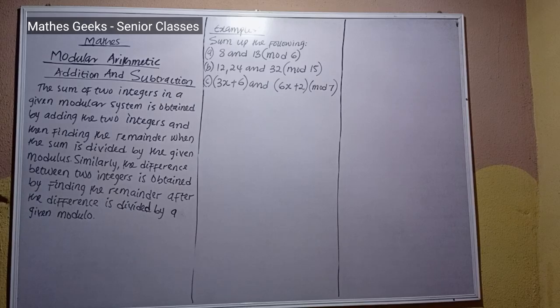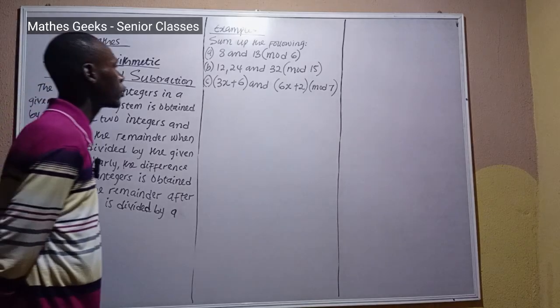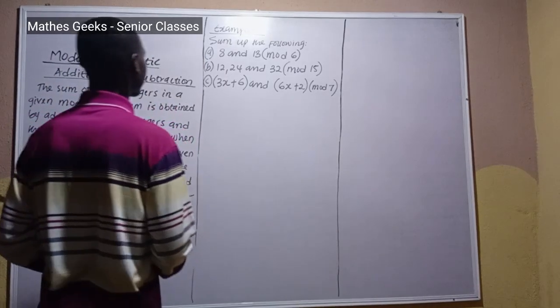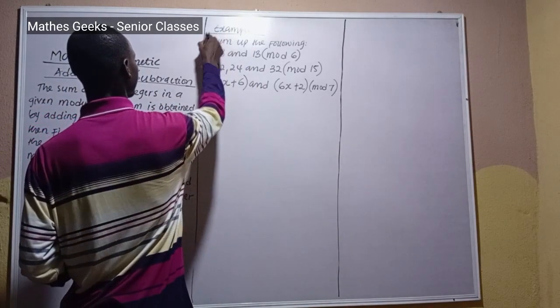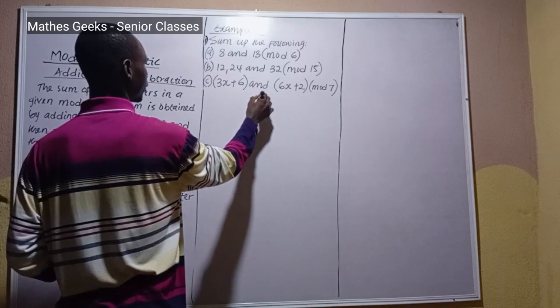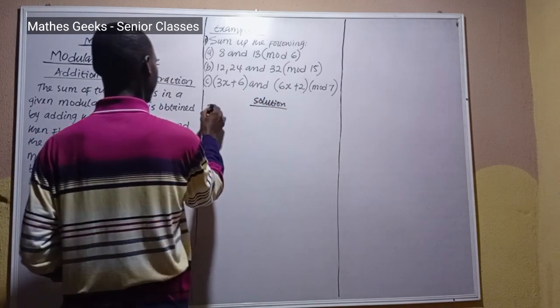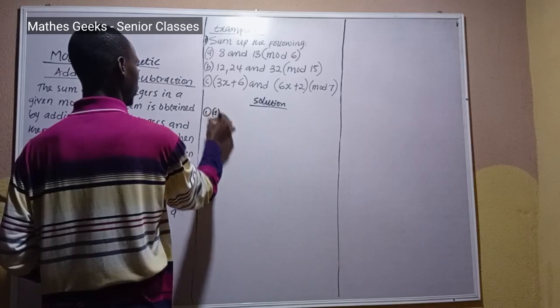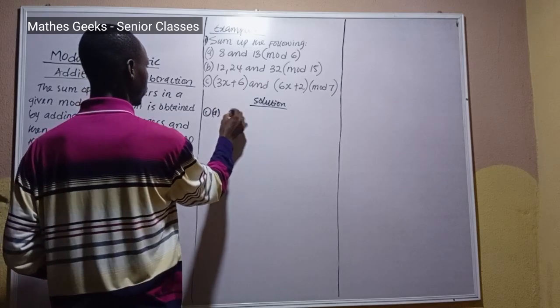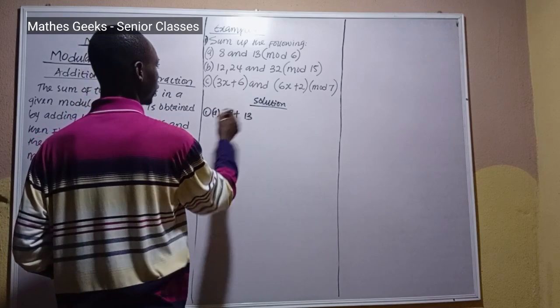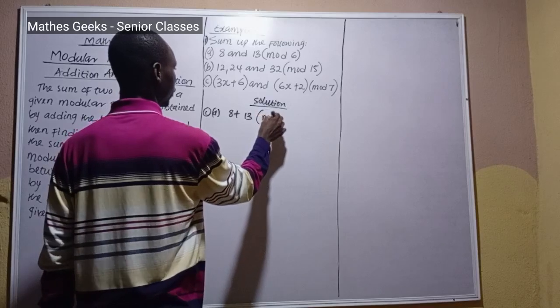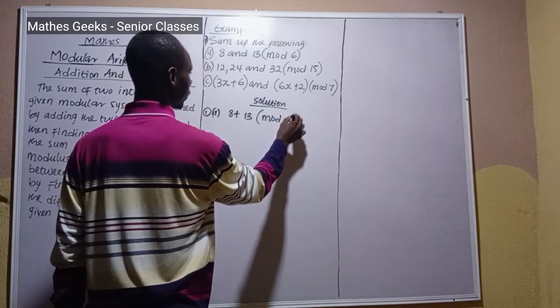So example number one says sum up the following. Solution. Number one, 8 plus 13, and this is in mod 6.